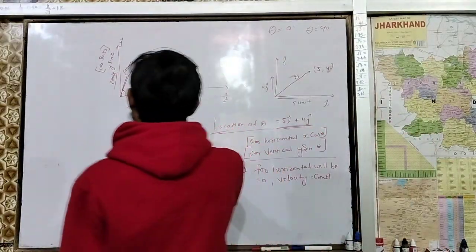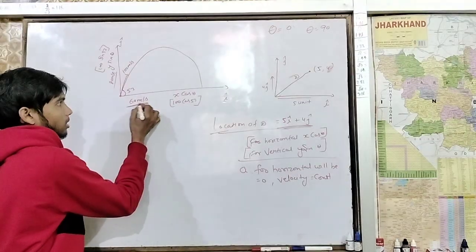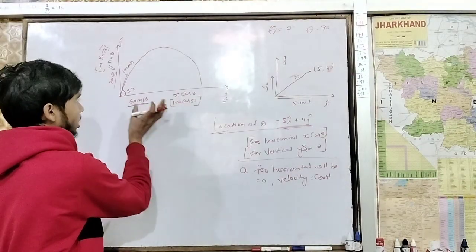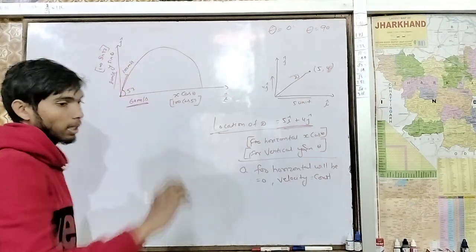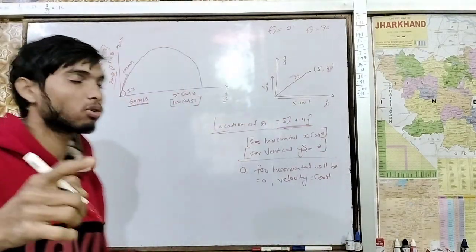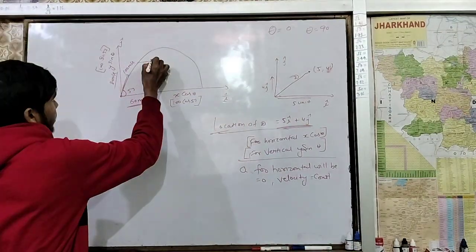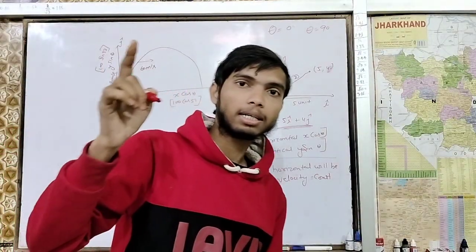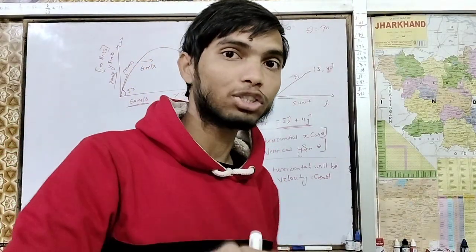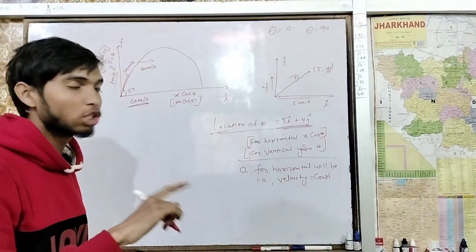Constant means this is 60 meter per second, which is horizontal. So over here it is 60 meter per second. At t equal to 4 seconds, this is again going to be 60 meter per second. At each time, this velocity is going to be the same.